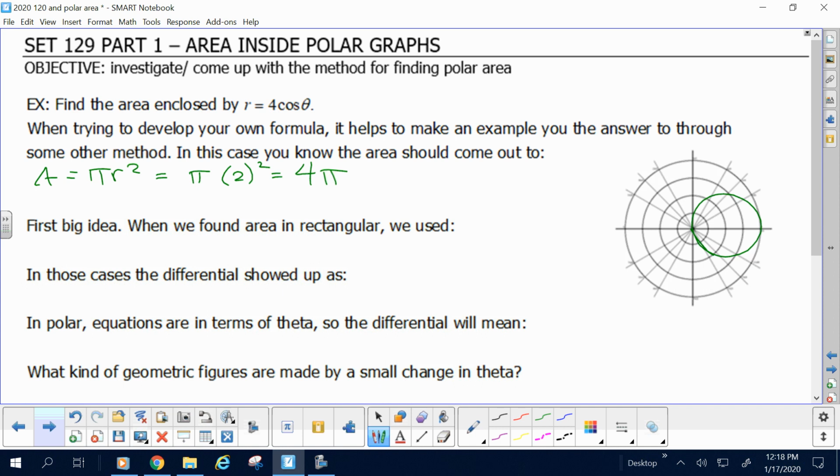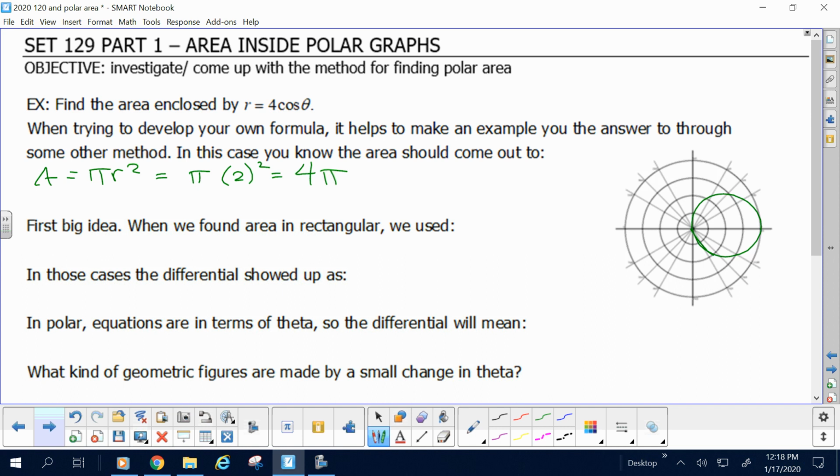Now, check it out, my friends. You have to understand or remember that polar and rectangular are not the same. So when you go to do area, you're not going to get rectangles because you're not moving side to side, because you're not moving x, you're moving theta.